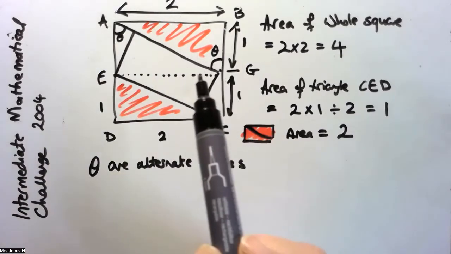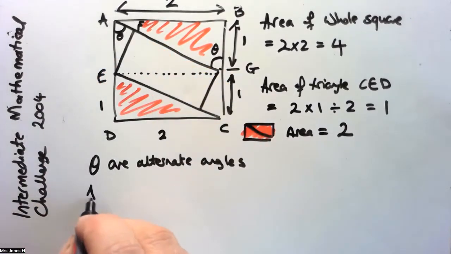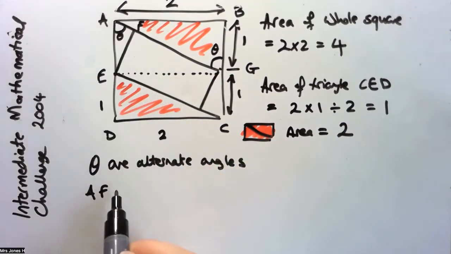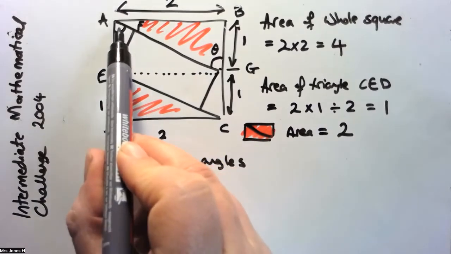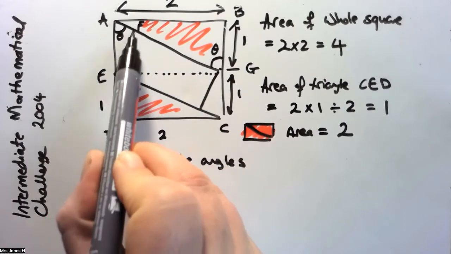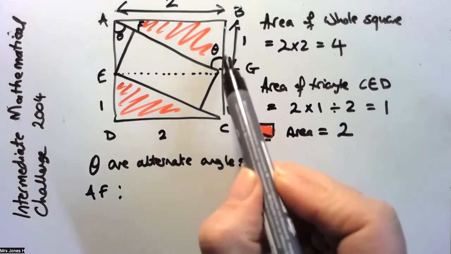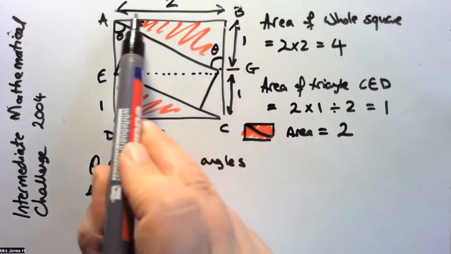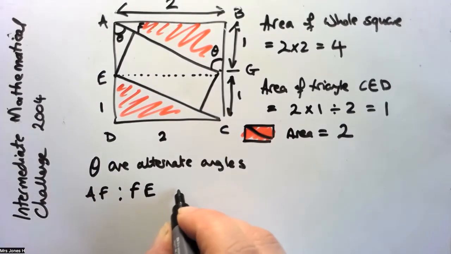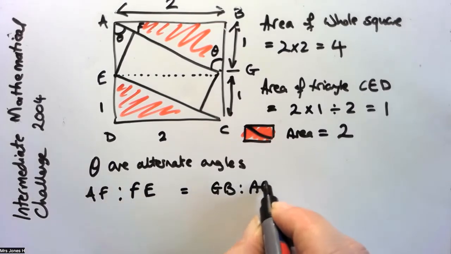So A to F, F being here, A to F, that distance there, in ratio to F to E, which is this here, is the same as the ratio B to G and A to B. So A to F, F to E is the same, that ratio is the same as G to B and A to B.